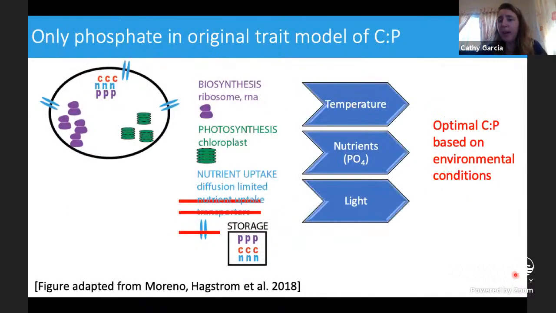So we come back to this trait model, adapted from the schematic I showed earlier, where you have different compartments for biosynthesis, photosynthesis, and nutrient uptake. What I wanted to show here is that the nutrient input for the original trait model uses only phosphate as a nutrient, and nutrient uptake is diffusion limited.